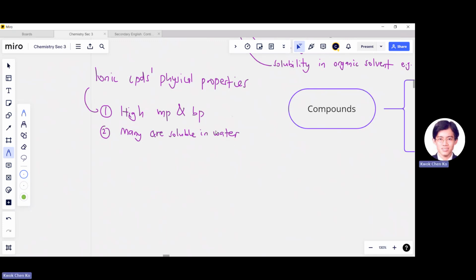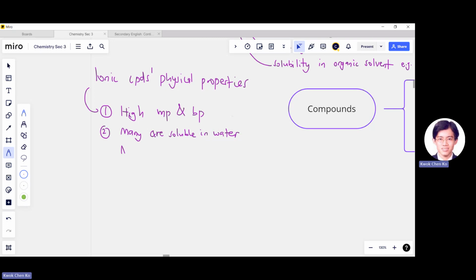Okay, many are soluble in water. Notice I use the word many, not all. Further down the road, you have to remember which are the ones that can dissolve and which cannot dissolve. But for now, just many. However, I want you to know this.